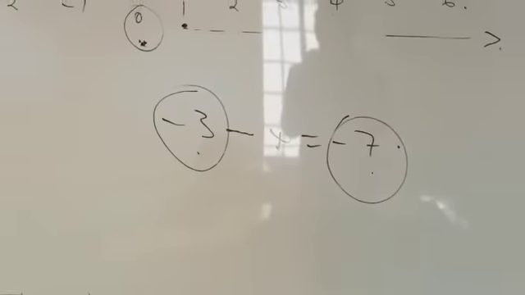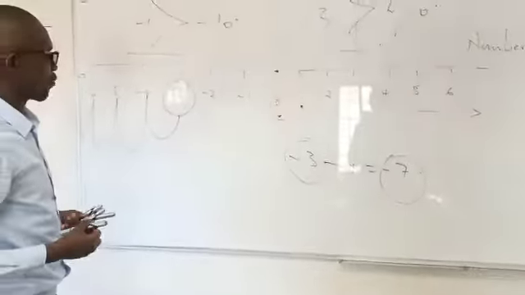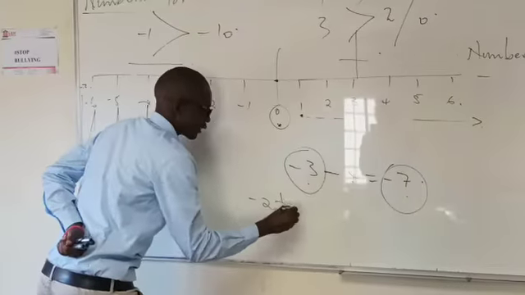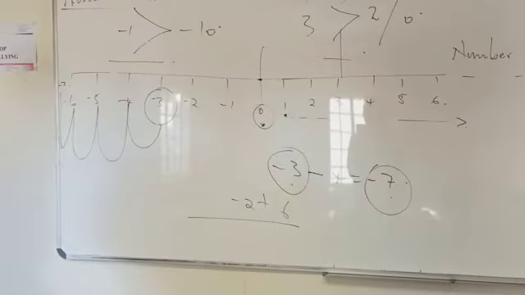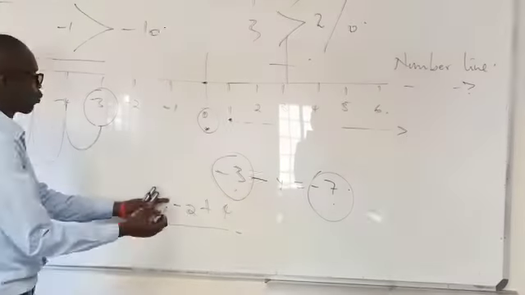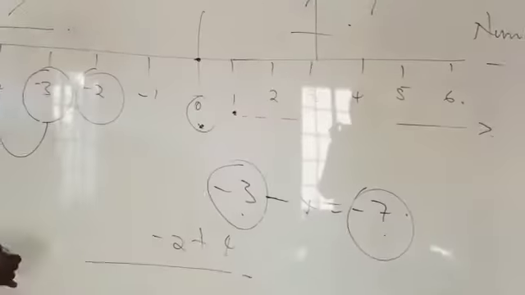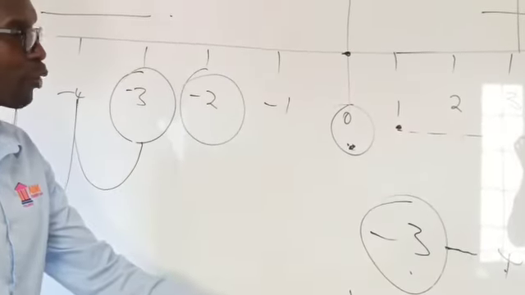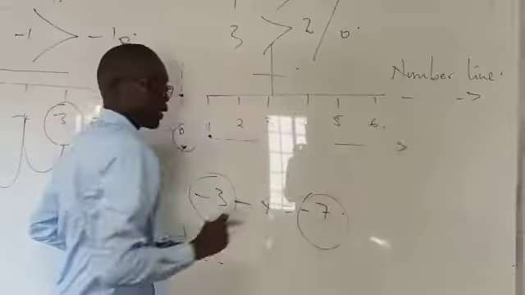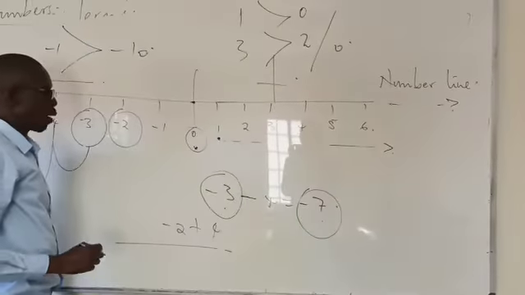If I'm being given another expression, they say minus 2 plus 4. Now, here I go to minus 2. I encircle my minus 2. Then the sign which follows is a plus, meaning I'm supposed to go to my positive.